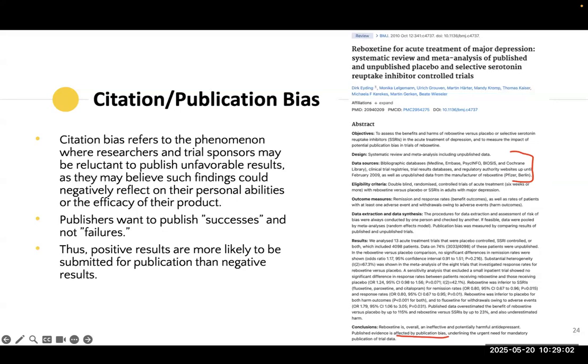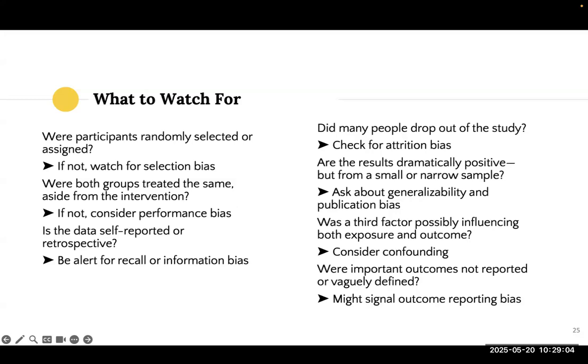And then this is a slide just of what to watch for. If they weren't randomly selected participants, you want to watch for selection bias. If groups weren't treated the same, performance bias. Is the data self-reported or retrospective? That could be recall or another kind of information bias. Did people drop out? There's attrition bias, right? Are the results dramatically positive?